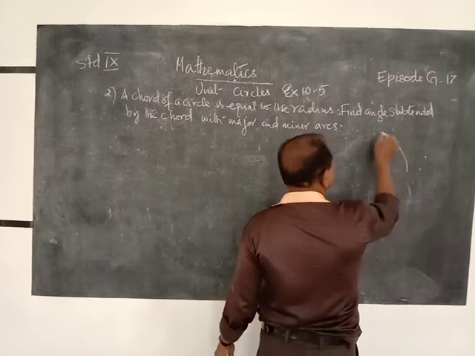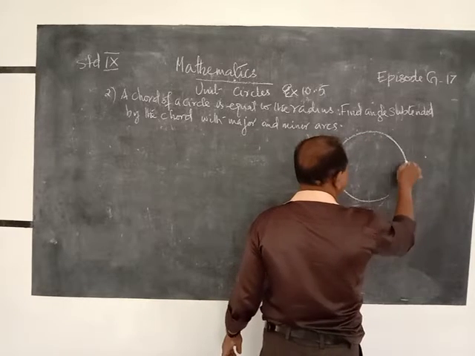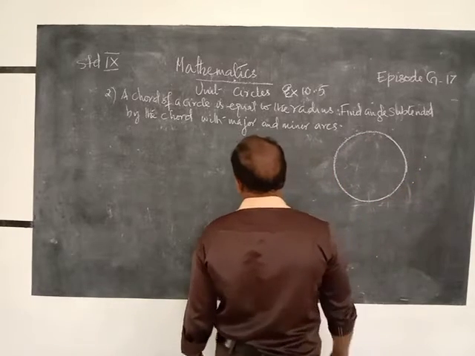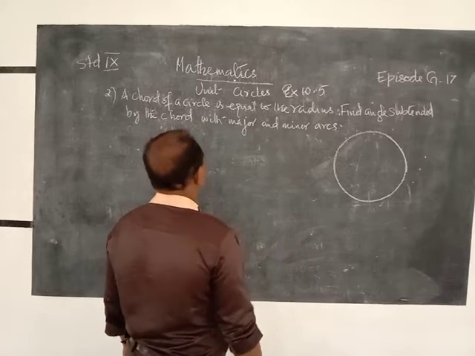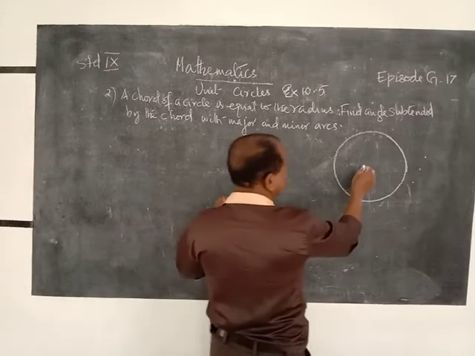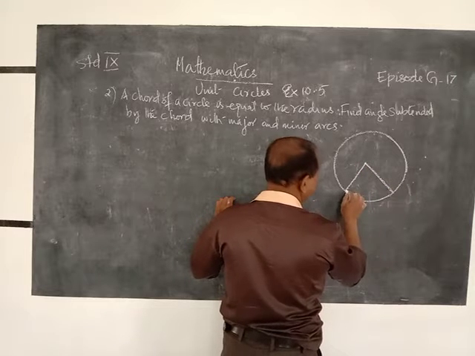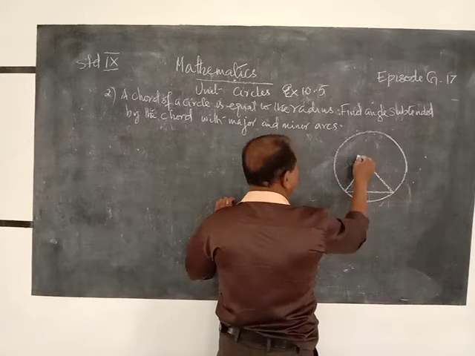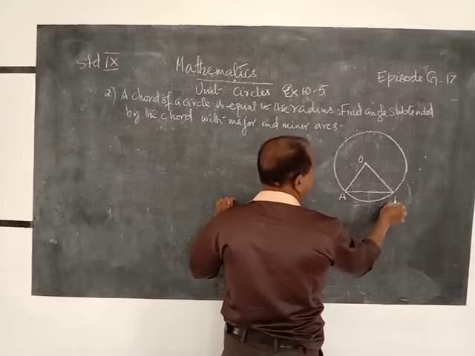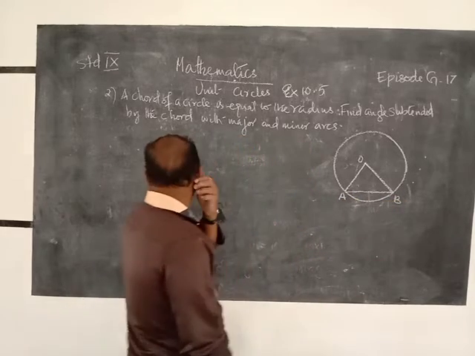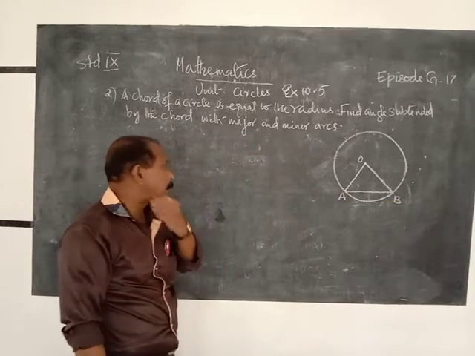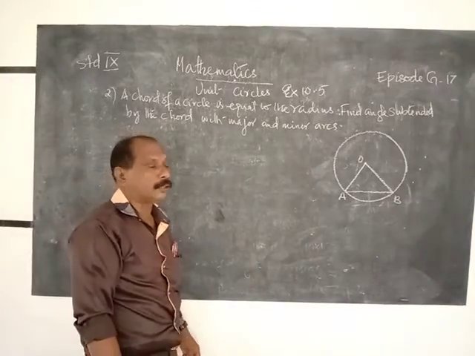This is the figure. The chord of the circle is equal to the radius. This is chord AB. That means OA and OB are the radius segments, they are equal.